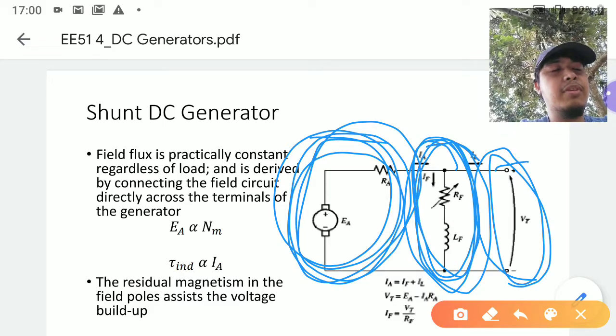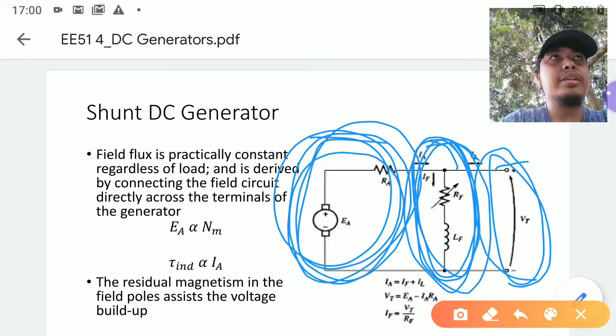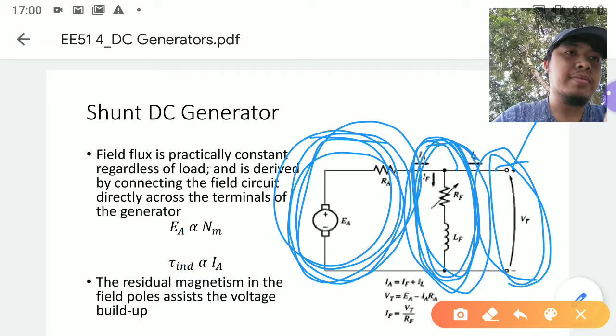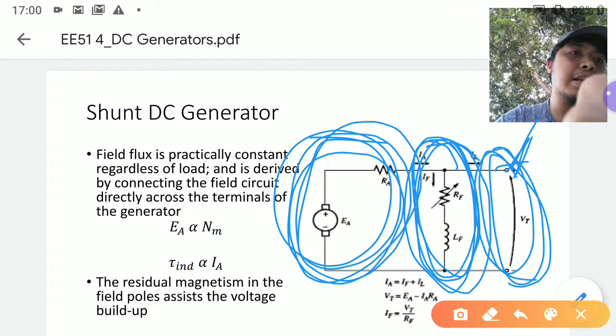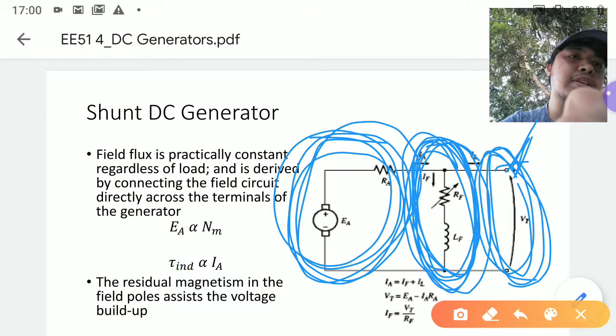Now, as I have said before, your voltage at the terminal may differ depending on the loading of the machine. Therefore, at different loadings, you may have a different terminal voltage, thus a different voltage at the field.